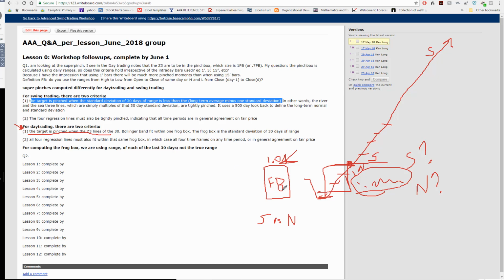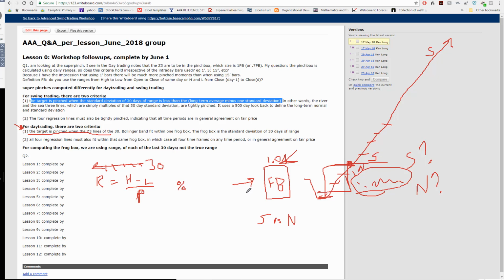So how do we get the frog box? We look back 30 days, and we find the range of each of those 30 days. Not the true range, just the range. The range is equal for each of those days to the high minus the low, divided by price, so that we actually get a range percentage.